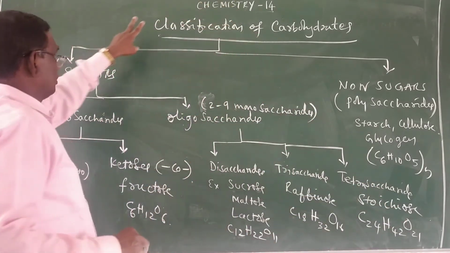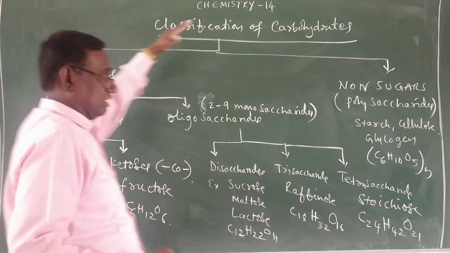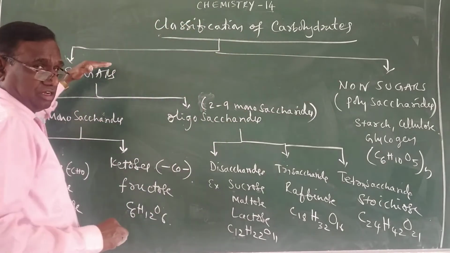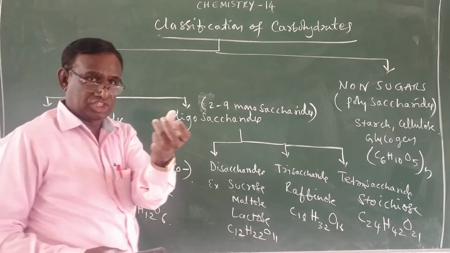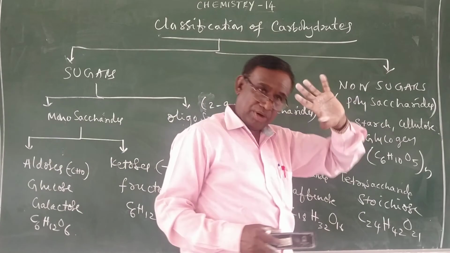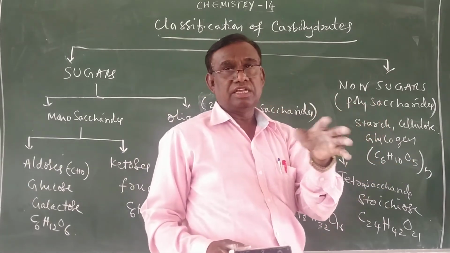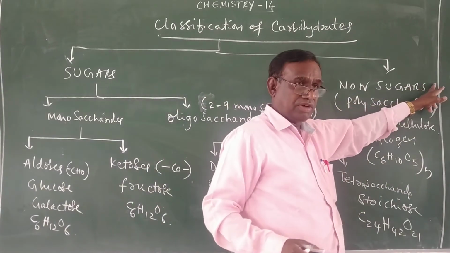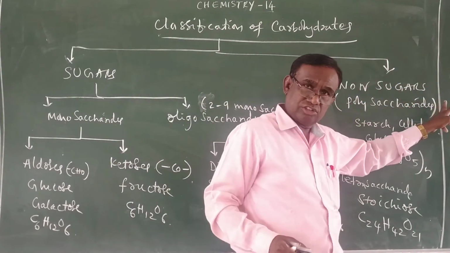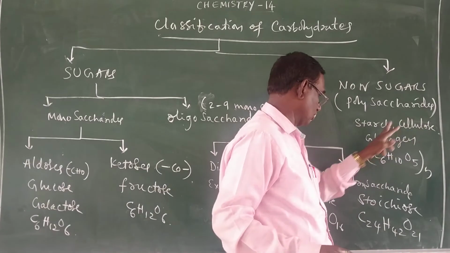That is the classification of carbohydrates. Once again, they are classified into sugars and non-sugars. Sugars are crystalline solids, easily soluble in water, sweet to taste. Non-sugars are amorphous, powder-like solids. They are insoluble in water and not sweet to taste. Examples of non-sugars, also called polysaccharides, are starch, cellulose, glycogen.